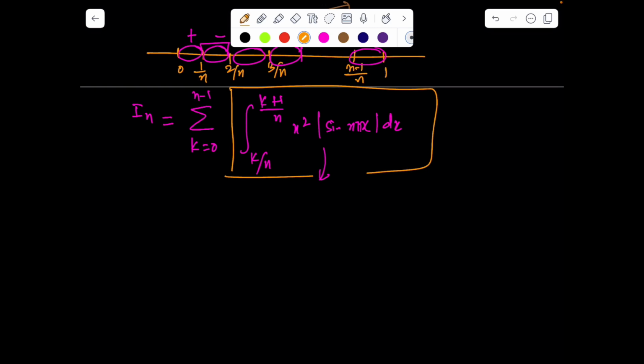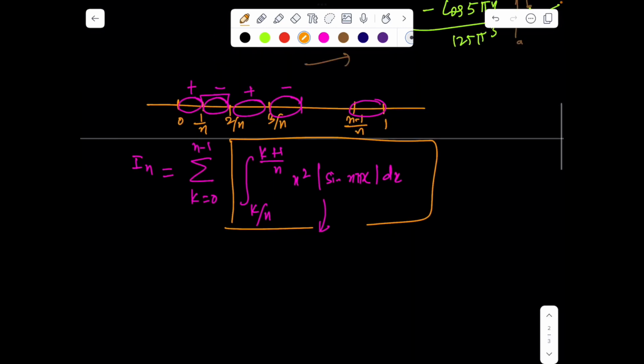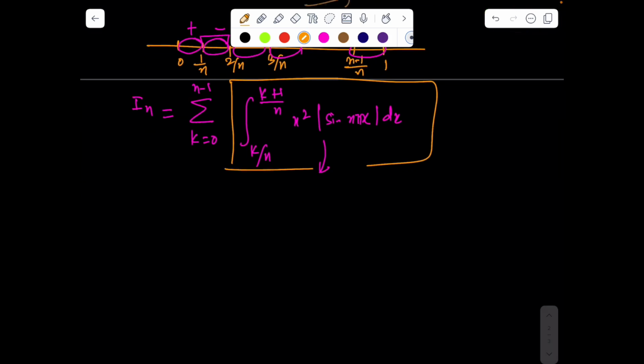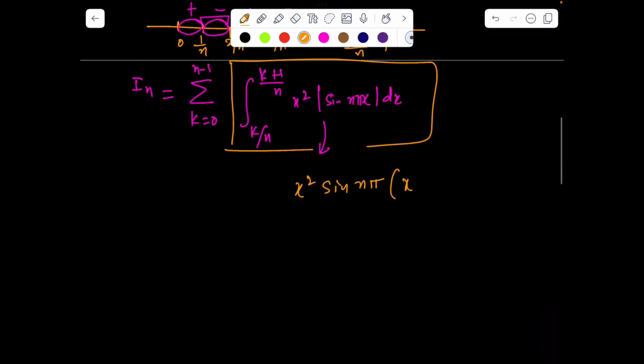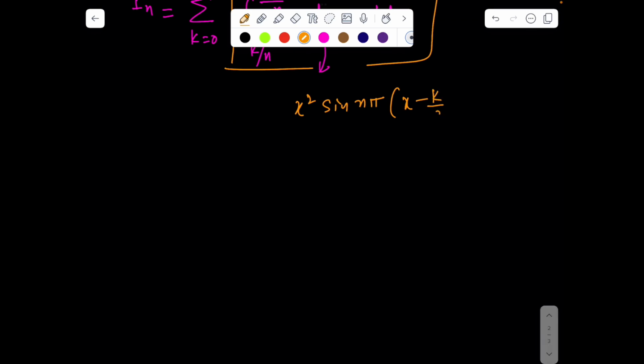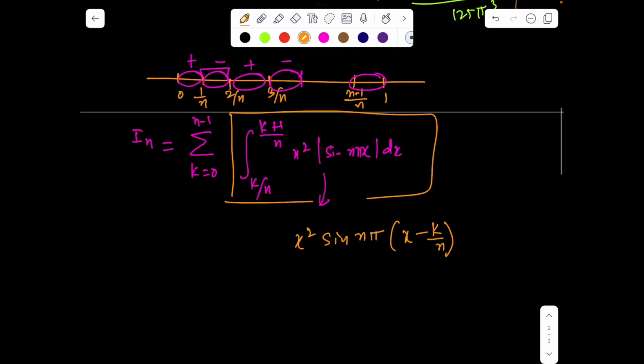But here we have a very smart way of dealing with this, because I know the mod will open as positive and negative, that depends on the value of the interval. Okay, so this can be done in a very nice way, because we can write x square sine of n pi times x minus k by n. Now from here you can see, if I keep the value of k as 0, we get the first interval as positive.